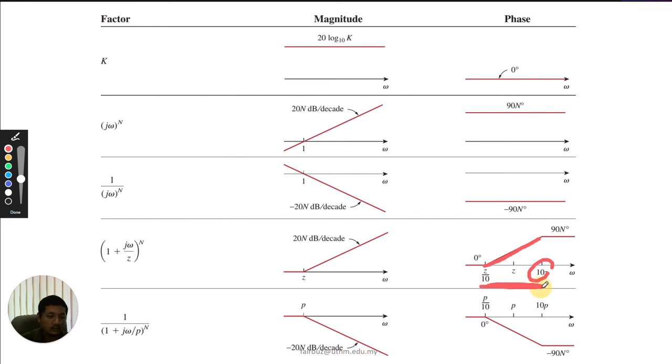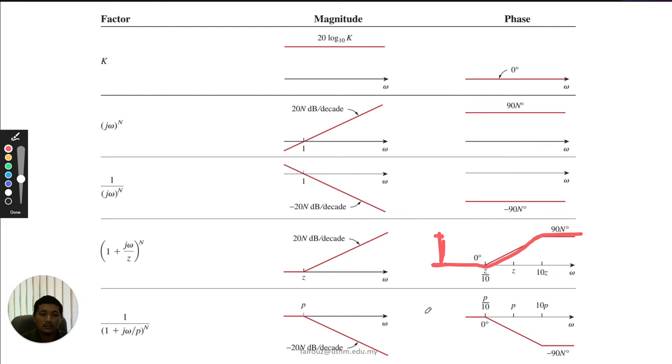So from z over 10 it increases until 10 times z, and then goes back to a straight line, and the value here is 90 degree. From 0 up to here, that is 90 degree.